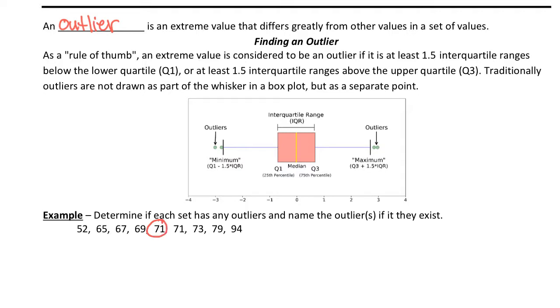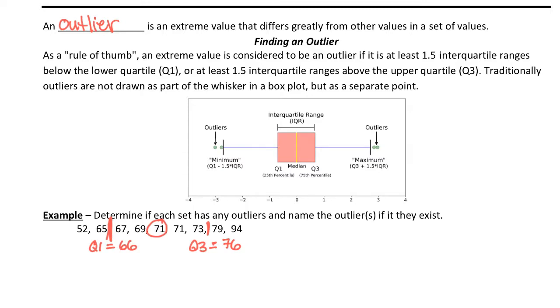You can see there's 4 numbers below 71, 4 numbers above 71. I'm going to take those 4 numbers and split them in half and find my upper and lower quartile. So my lower quartile is going to be 66. My upper quartile, Q3, is going to be 73 plus 79 is 152, and half of that is 76.